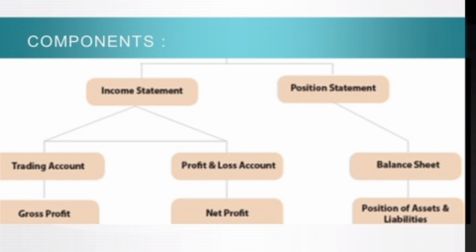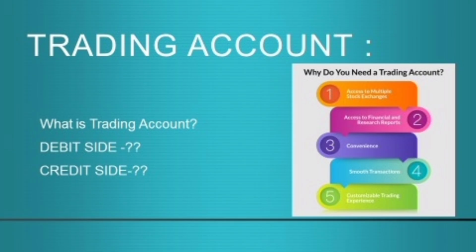First, let's see about trading account. Trading account is used to buy or sell equity shares in a stock market. Trading account shows the profit and loss made on a gross basis, that is, including only the direct cost of the goods. In trading account, we credit the trading income like sales and debit the cost of goods sold.